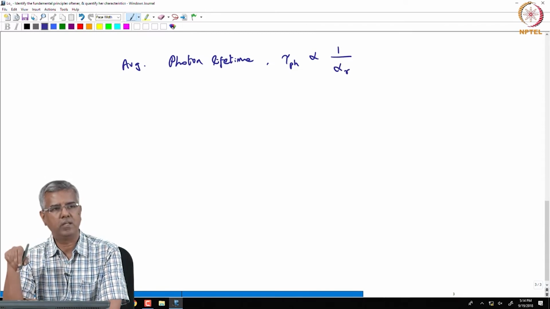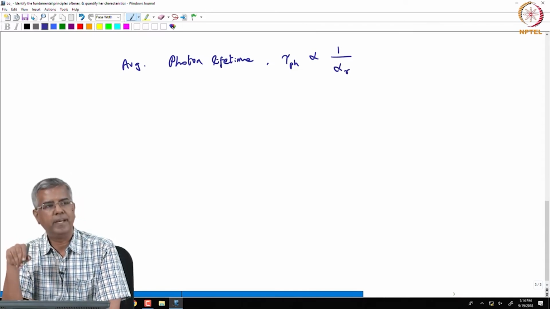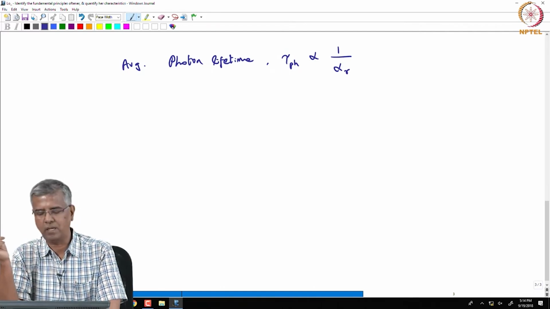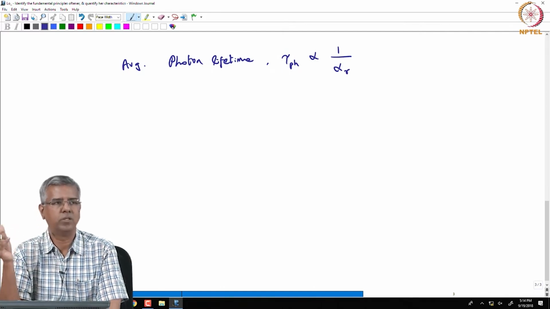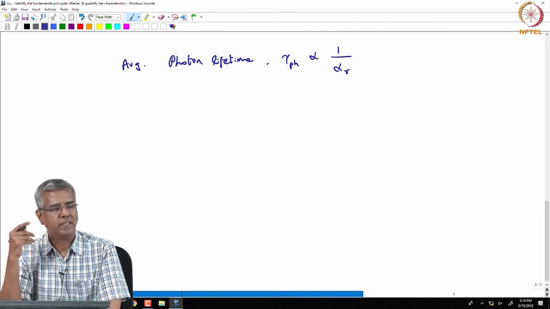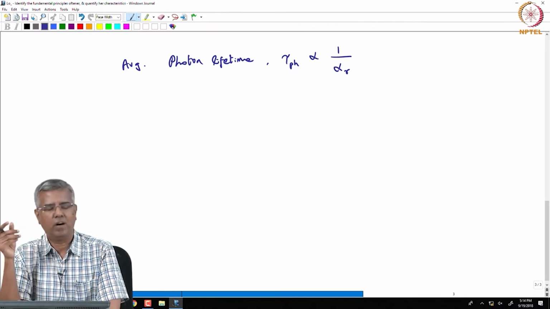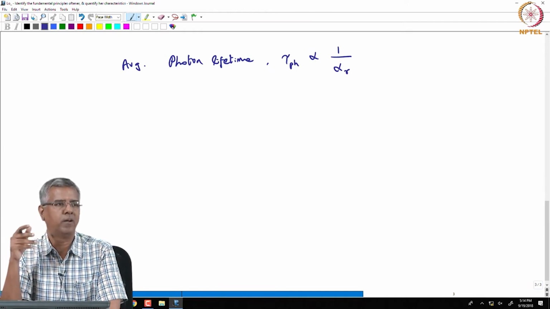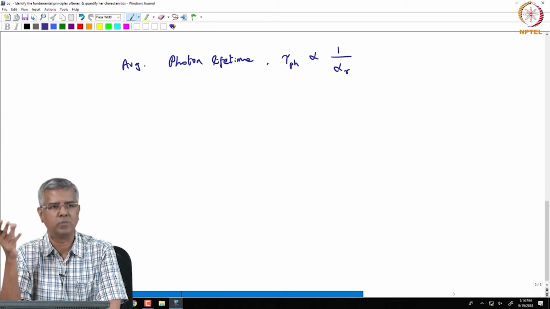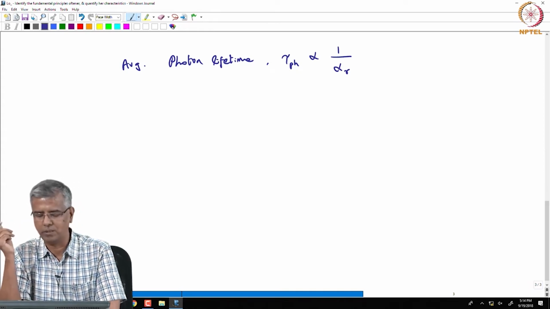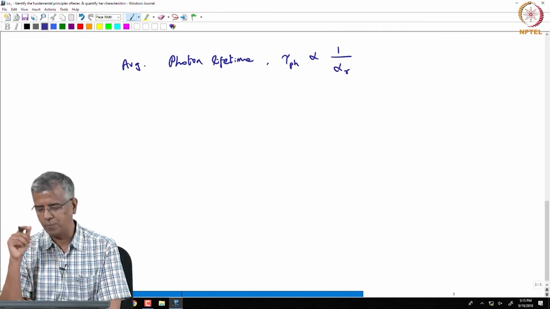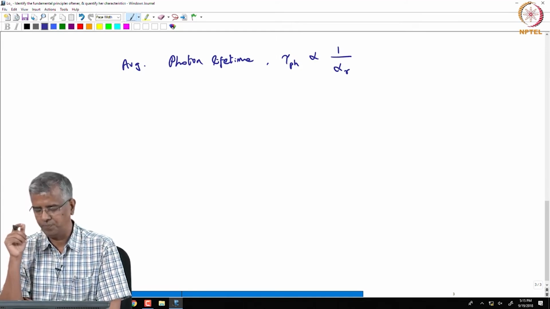If the resonator losses are very low, then I am going to have a long photon lifetime. On the contrary, if the resonator losses are very high, the photon is going to either escape the cavity very quickly, or the resonator losses could be high because of a lot of background absorption, in which case the photon vanishes because of the background absorption, right. So, the average photon lifetime is going to be inversely proportional to alpha r.